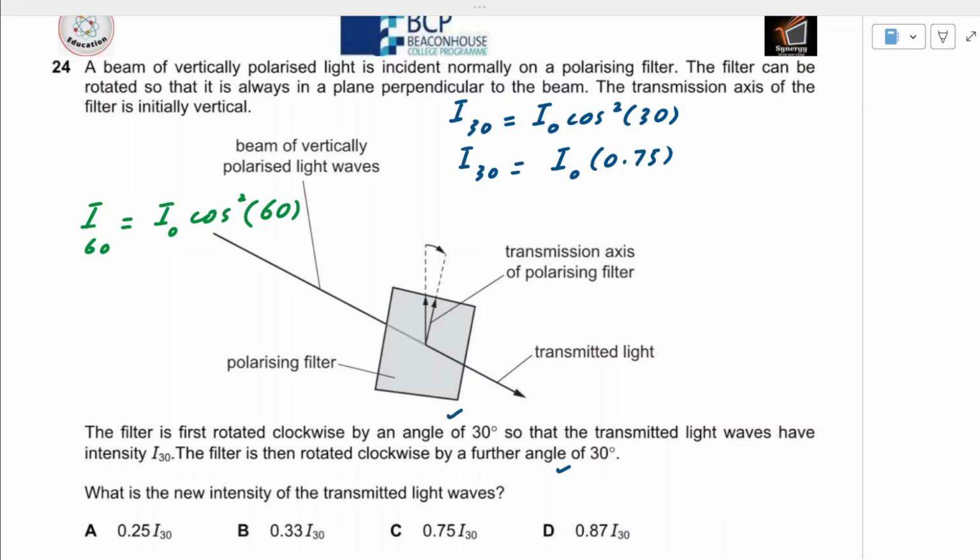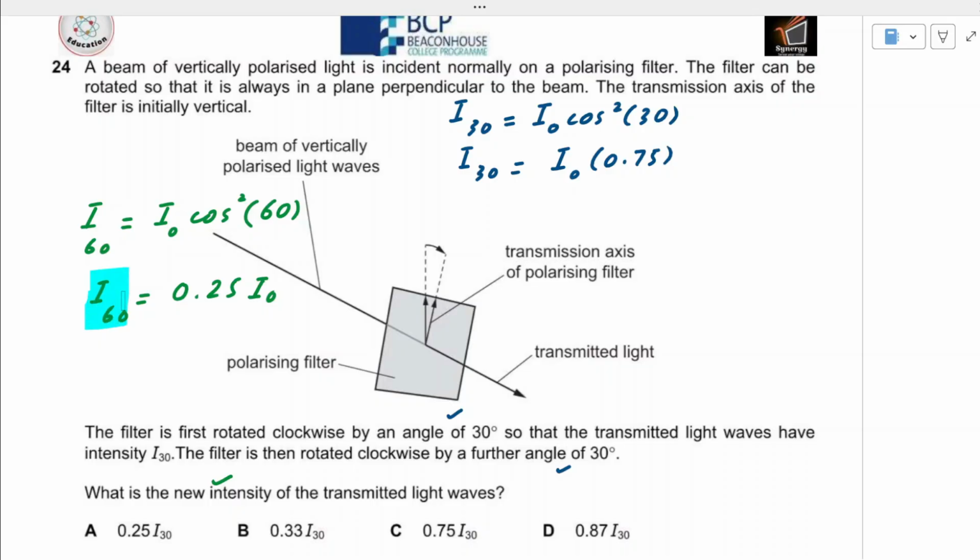And let me check out this one. What do we get? Cos square 60. I'll take cos 60, close the bracket, then take the square. We get 0.25. Now you need to find the final new intensity, which is this one.